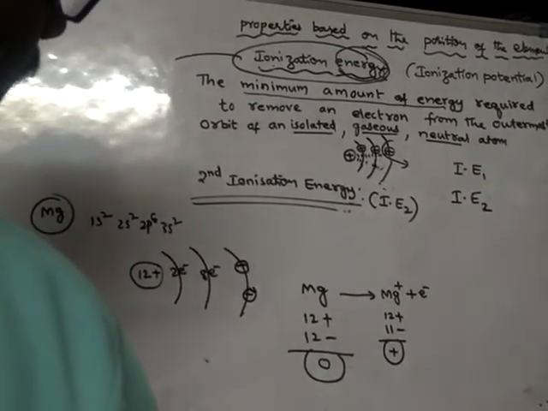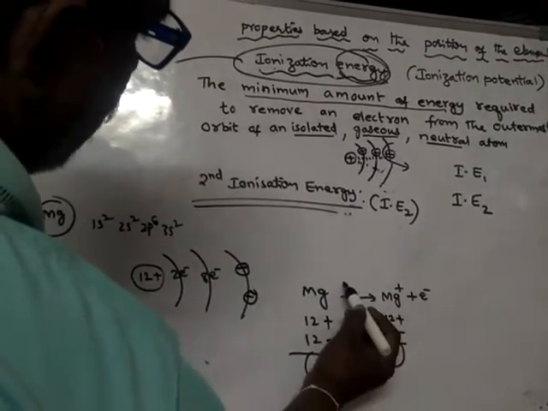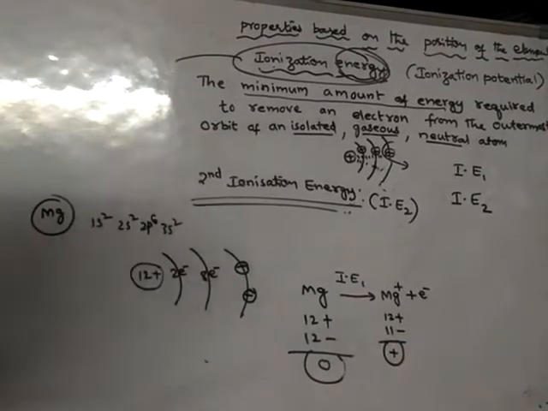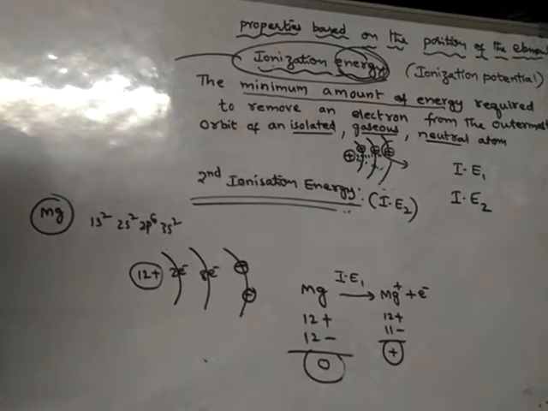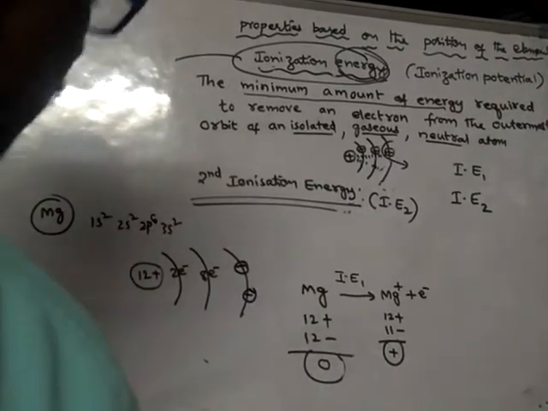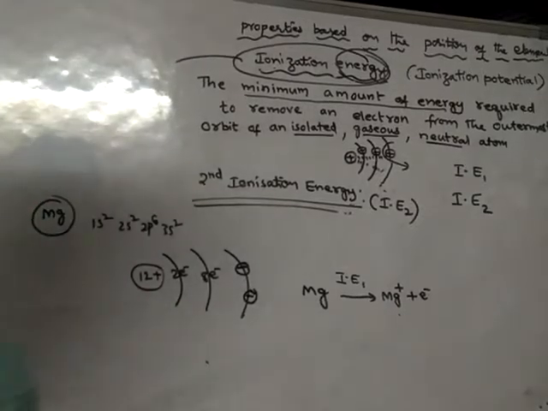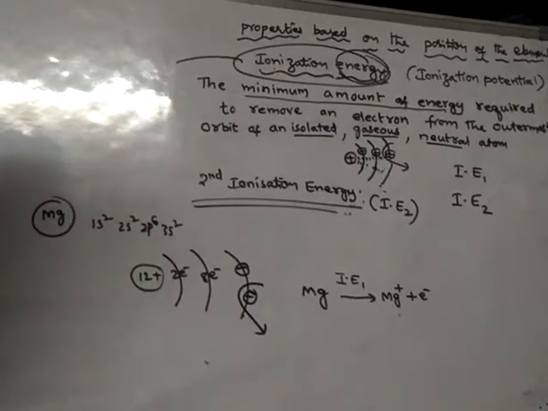In order to convert this one into this one, I have to spend some energy. It is said to be first ionization energy. So I have spent some energy and taken out this electron from the atom.